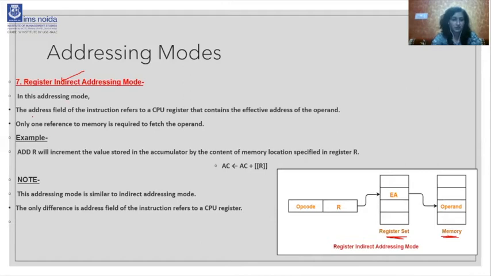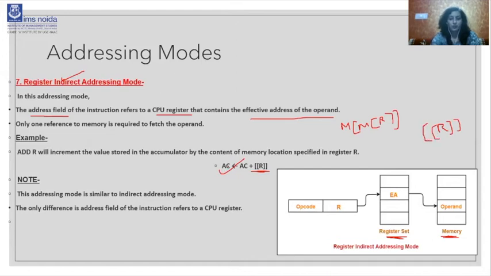See here, the address field of the instruction refers to the CPU register that contains the effective address of the operand, right? For example, double arrow means memory of memory at a particular location. It can be written like this or like this.